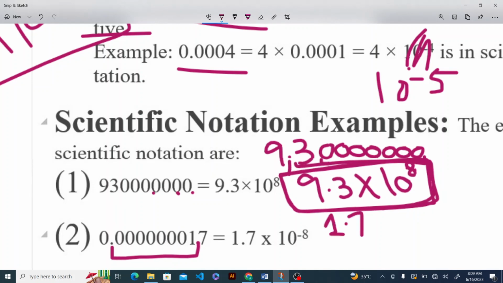Okay, sorry, this will be written as 0, and how many zeros more? 1 2 3 4 5 6 7, and then 1, and then the shifted decimal point after 1, and then 7.